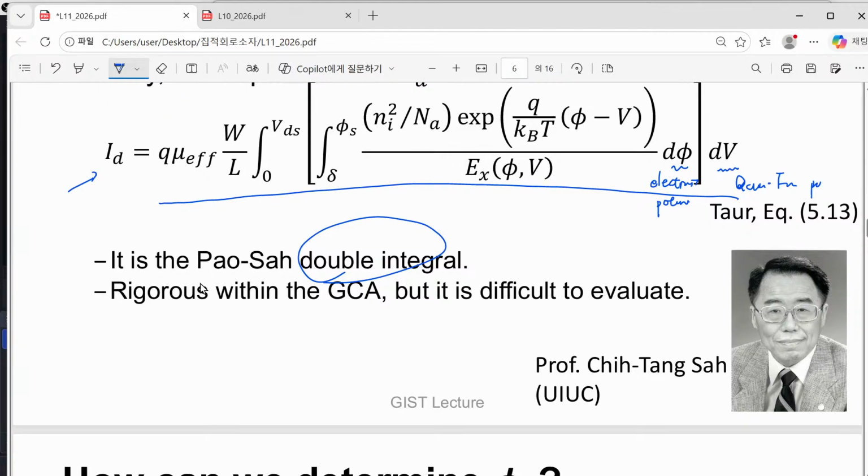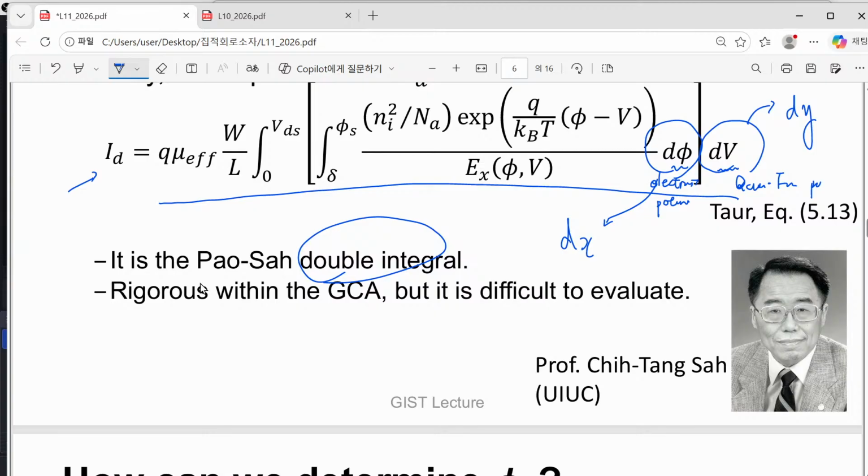You have to remember their origin. Why do we have this electrostatic potential integration? It originated from the x directional integration. And what is the origin of this dV integration? This corresponds to our y directional integration.